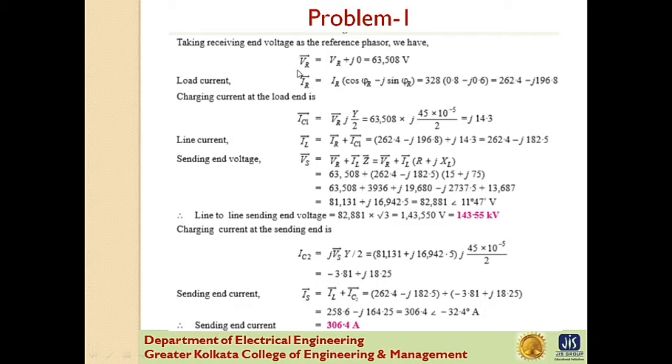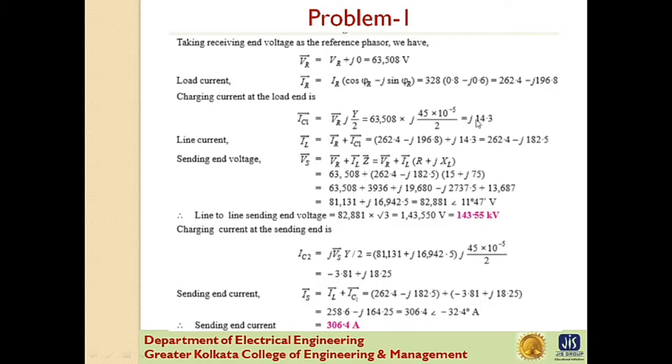Here also we take Vr as our reference axis, so Vr equals Vr plus J0, that is equal to 63,508 volt. We can write the expression of load current IR, and by putting the values of cos phi r and sin phi r, we get the load current, which is equal to 262.4 minus J 196.8.